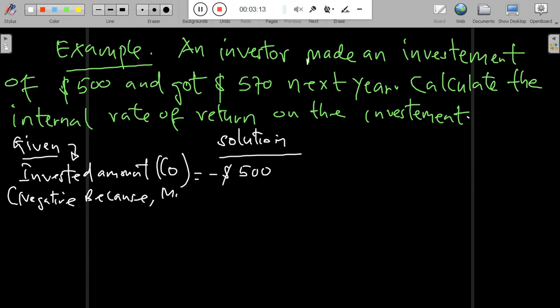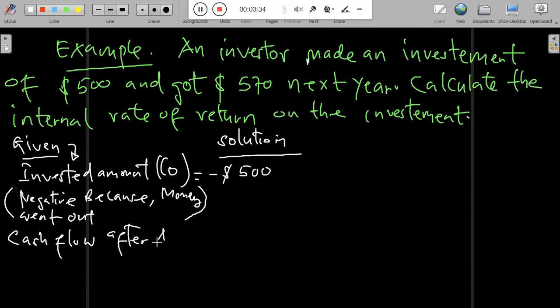We put it as negative because the money went out. We are also provided with the cash flow after 1 year, represented by CT, that is equal to 570 US dollars.